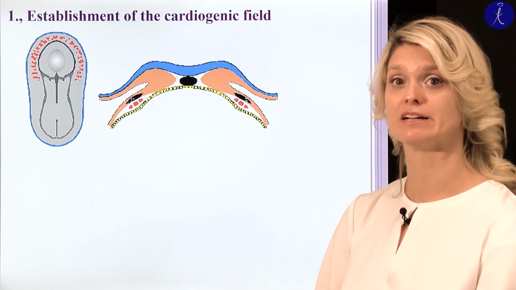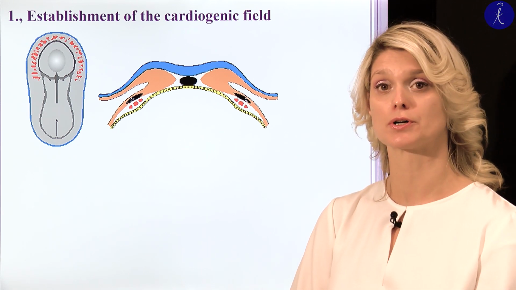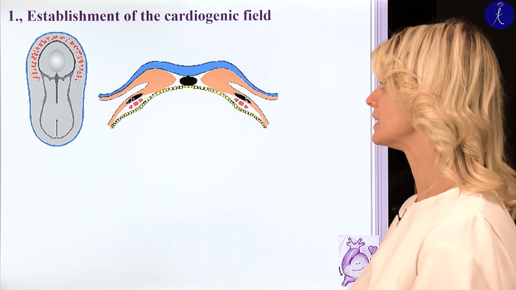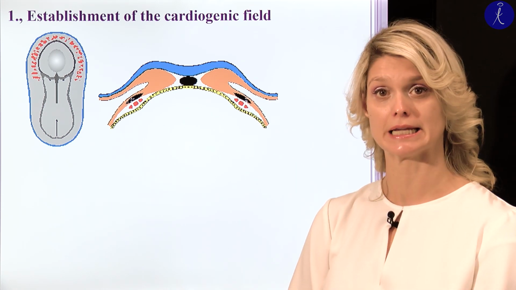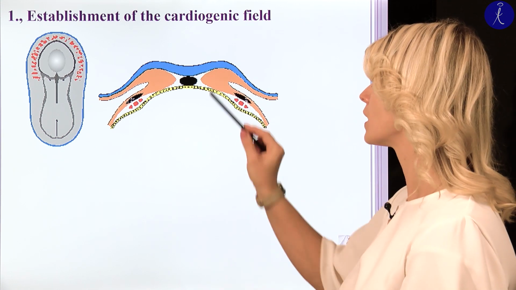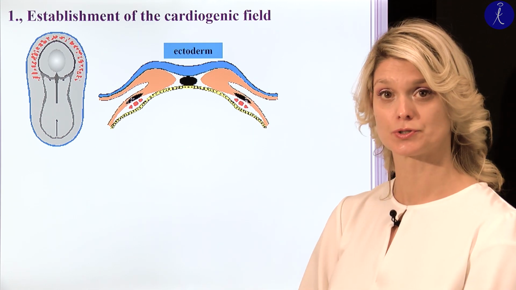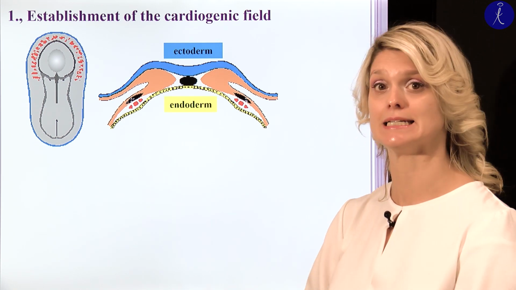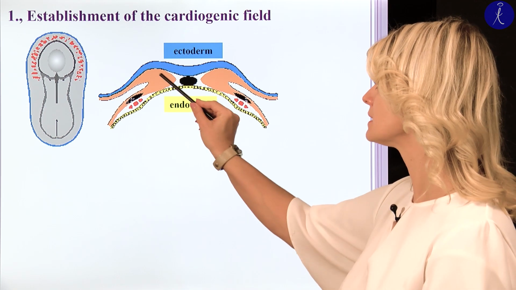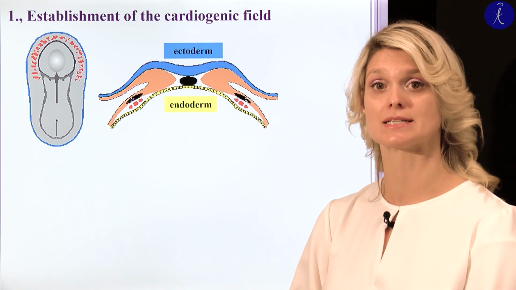I hope you know very well this picture of the cross-section of the embryo. Here you can see very well the main germ layers. The superficial part will be the ectoderm, the lower, yellowish one is the endoderm, and in the middle you can see the mesoderm.